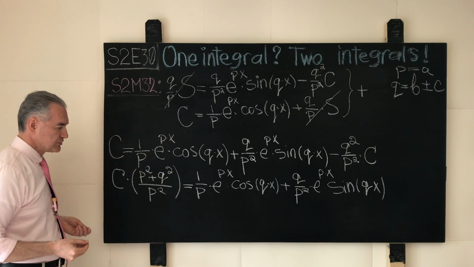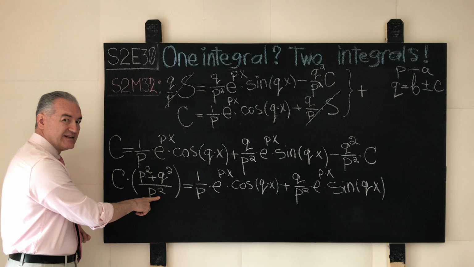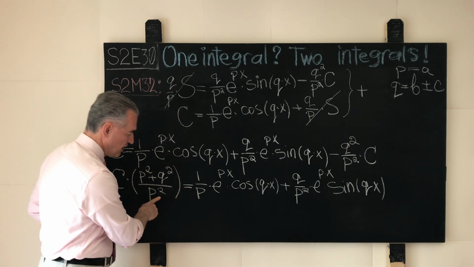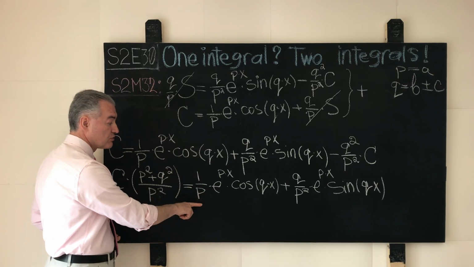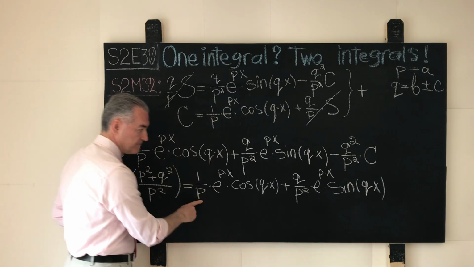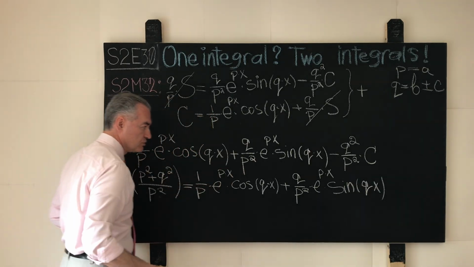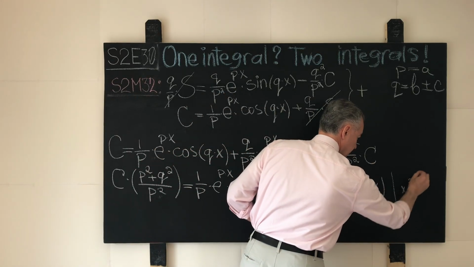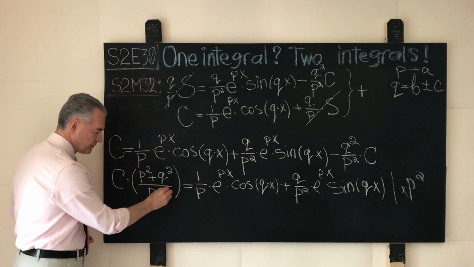And what do we see now? We're almost done because we have p squared in the denominator on the left-hand side, and we have the same usual suspect, p squared, in the denominators of both summands on the right-hand side. So if we multiply this equation through by exactly p squared, what will happen?